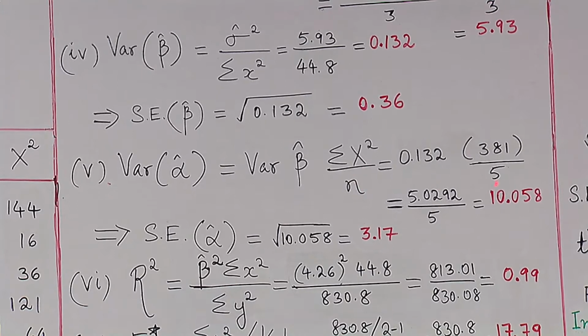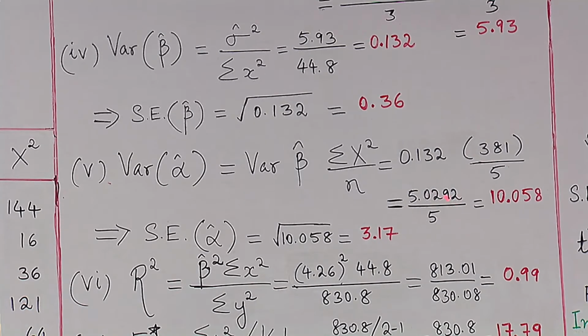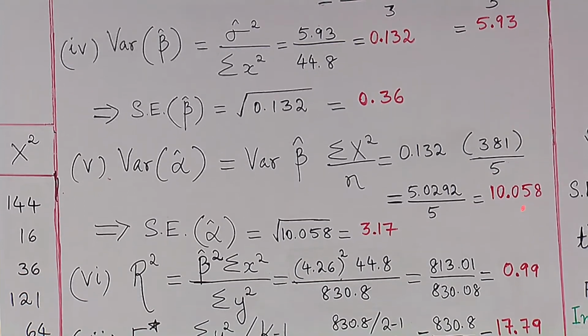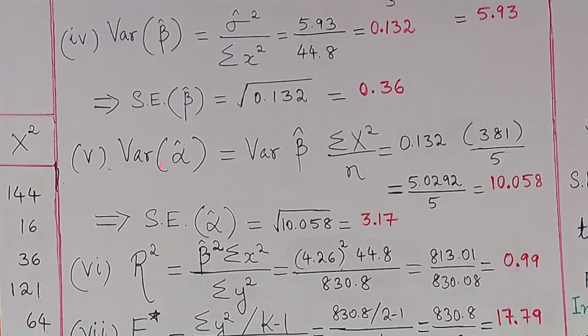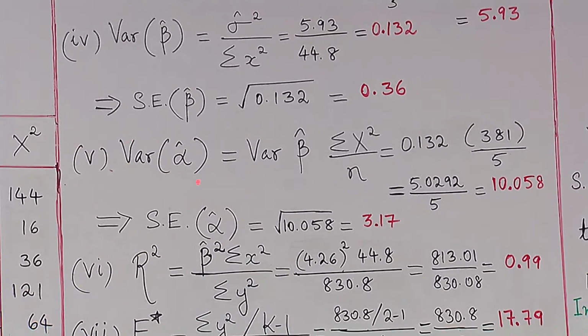The n value is 5. On multiplying these two values we get 5.0292, and on dividing by 5 the answer is 10.058. So, in our case study, the variance of alpha hat is 10.058.